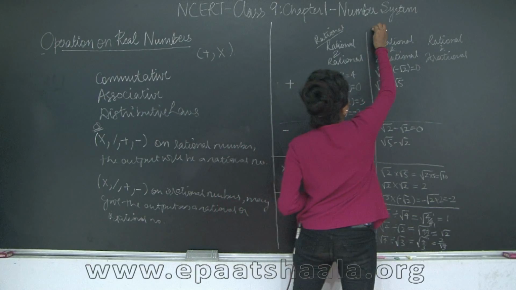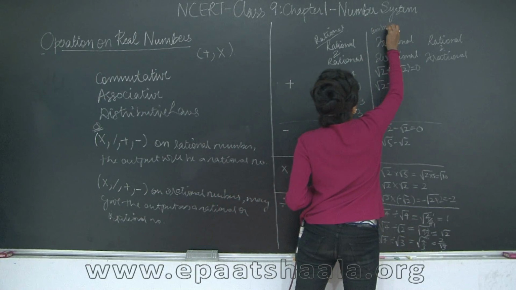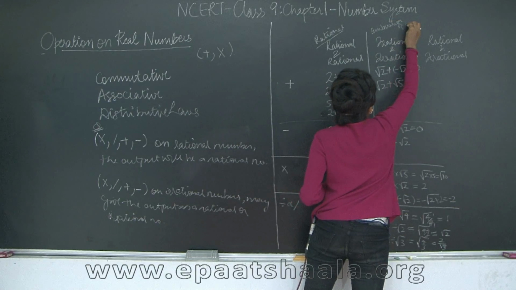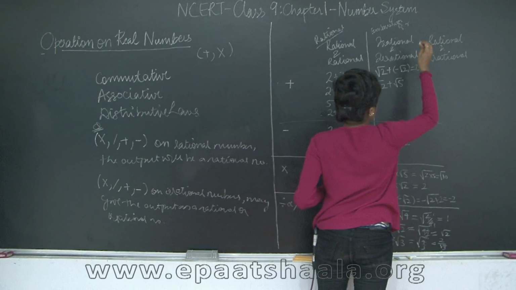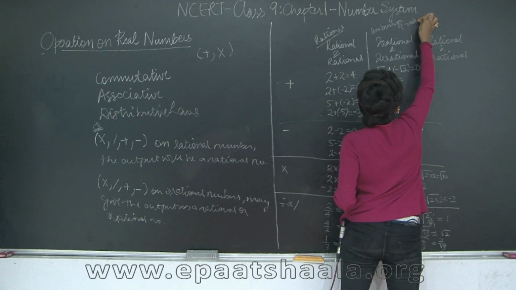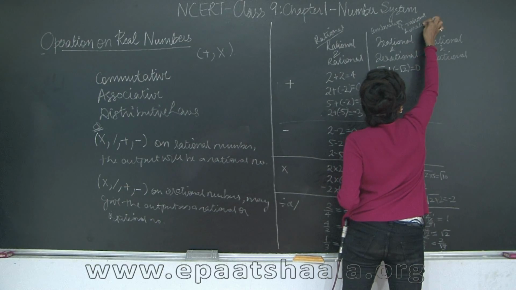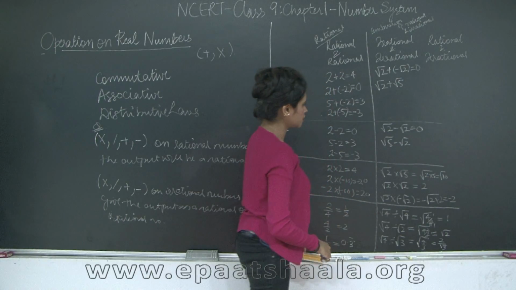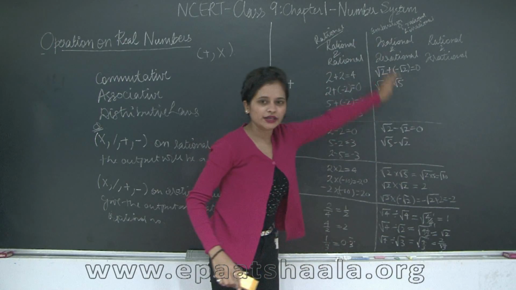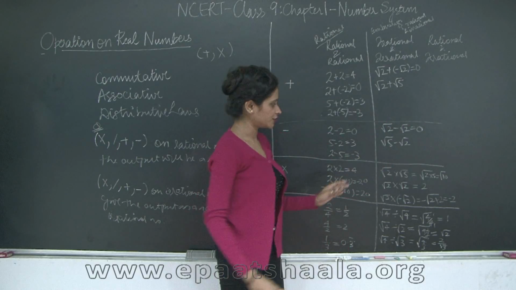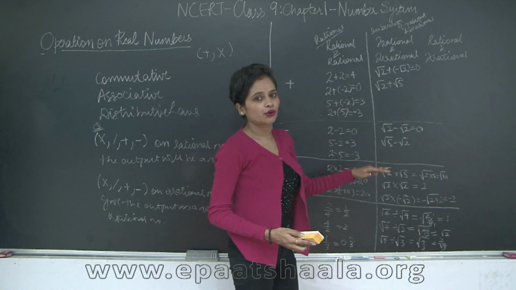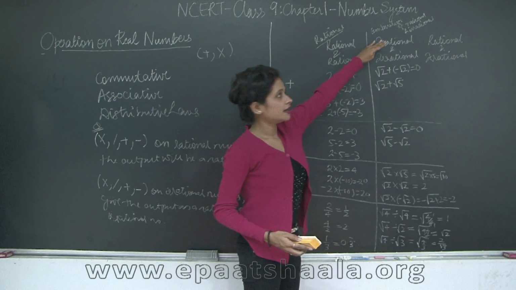So here you get a combination of rational and irrational. So please take a look at this, because I am going to erase this side since I am running out of space over here. But I hope you have got a clear picture of what outputs we are going to get for rational, irrational, irrational.